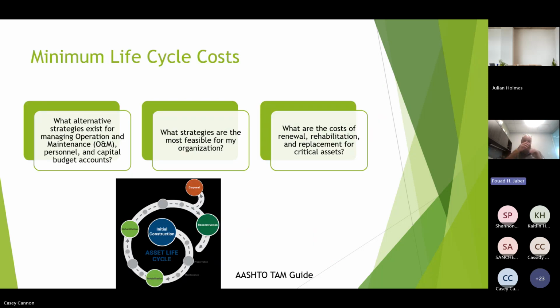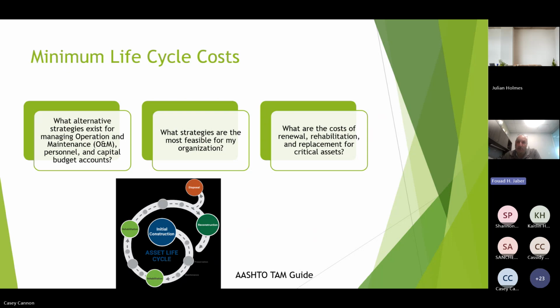So, minimum life cycle cost. Again, Shannon talked a lot about this, but this is stuff that I got from the AASHTO Transportation Asset Management Guide. Basically, there are 3 questions that would be beneficial to ask yourself when you're doing that minimum life cycle cost assessment.